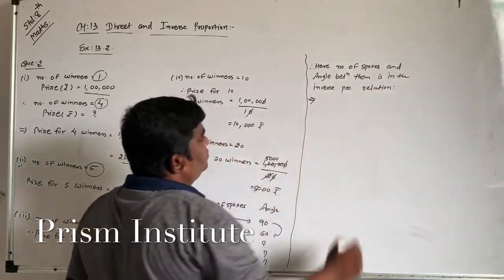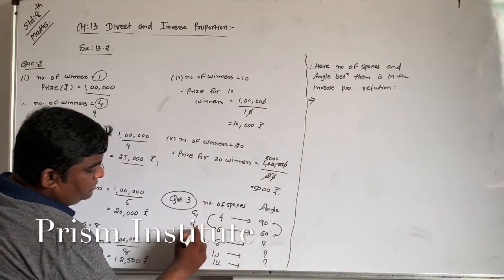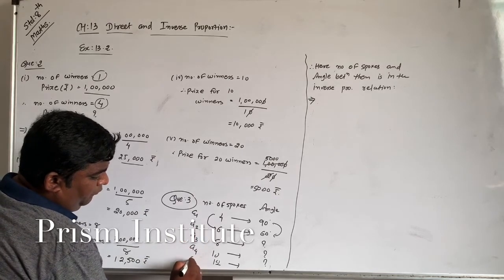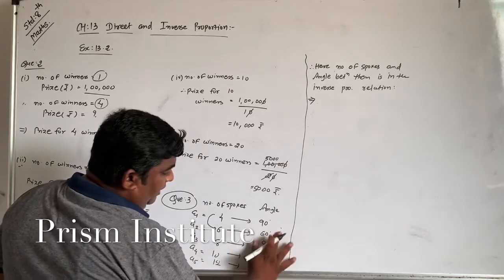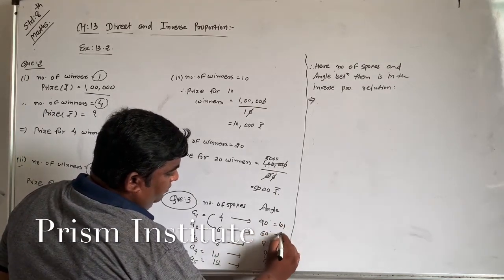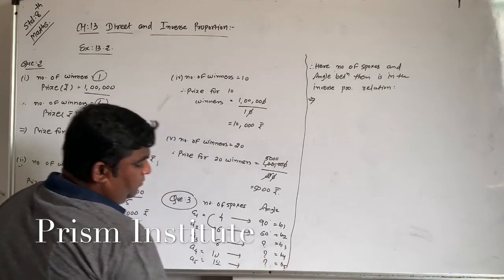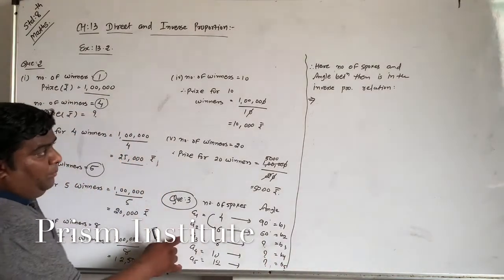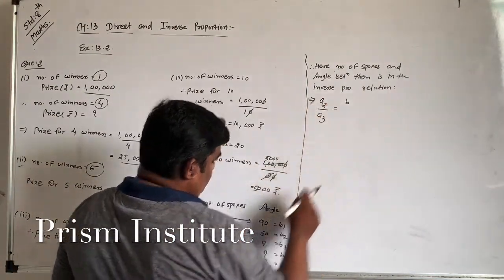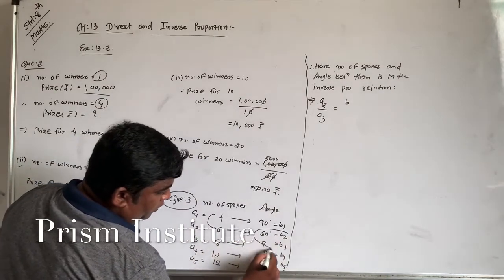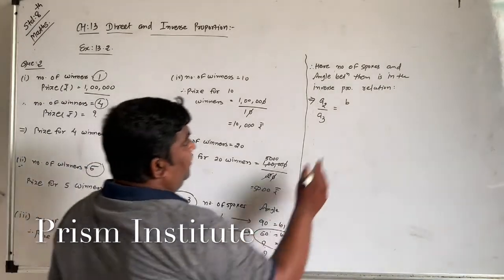So now by using inverse proportion relation, suppose that is A1, A2, A3, A4 and A5, and at that time here B1, B2, B3, B4 and B5. So A2 upon A3 equals B2 upon B3 in direct, but in inverse proportion B3 upon B2.